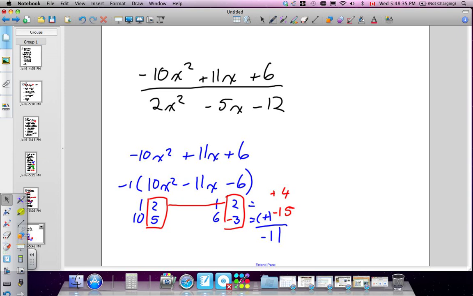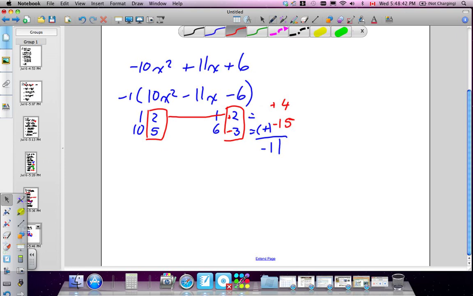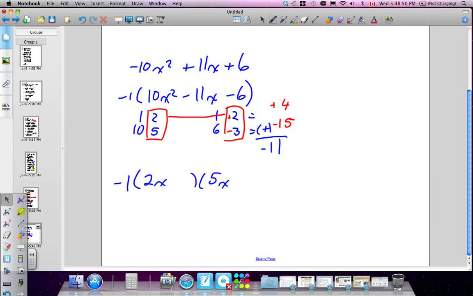So when we put it into brackets, I'm going to have my negative 1 out here. 2x and 5x are my first terms, and I have to put them in opposite. So the positive 2 has to go opposite of the 2x, and the negative 3 has to go opposite of the 5x. So we have 2x minus 3, 5x plus 2.